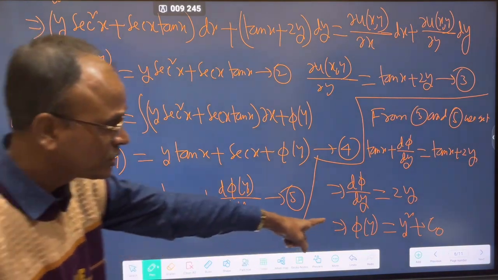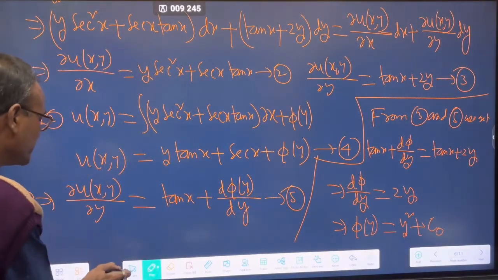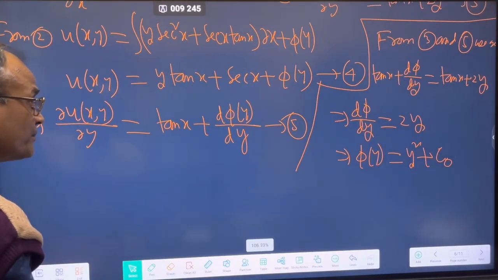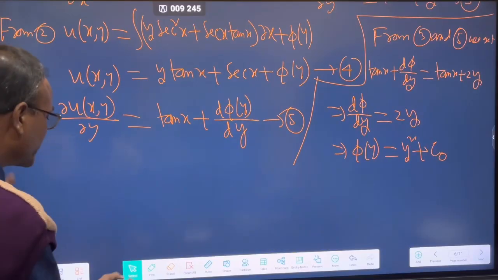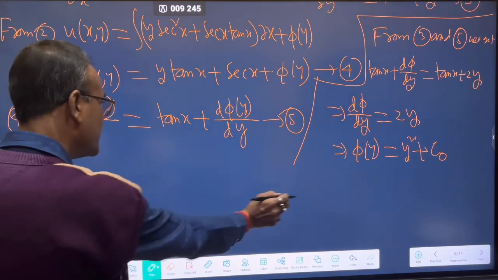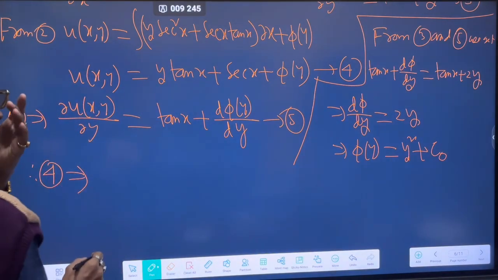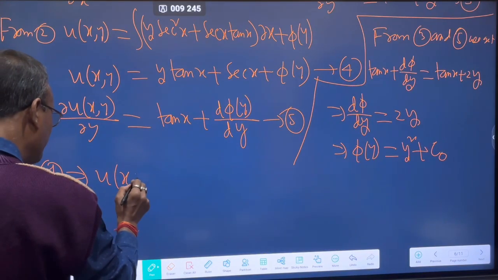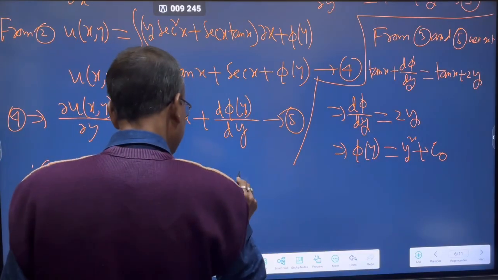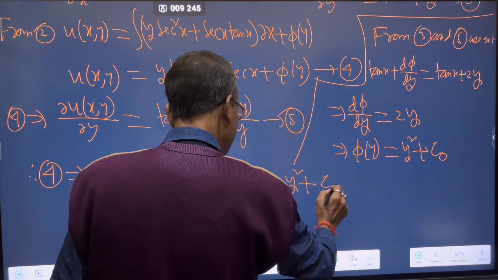Now, substitute this value of phi of y in 4. Therefore, 4 implies u of x, y equal to y tan x plus sec x plus y square plus c naught.